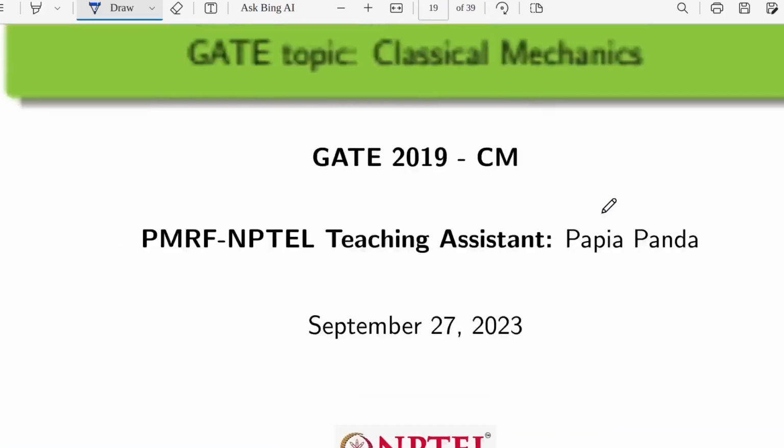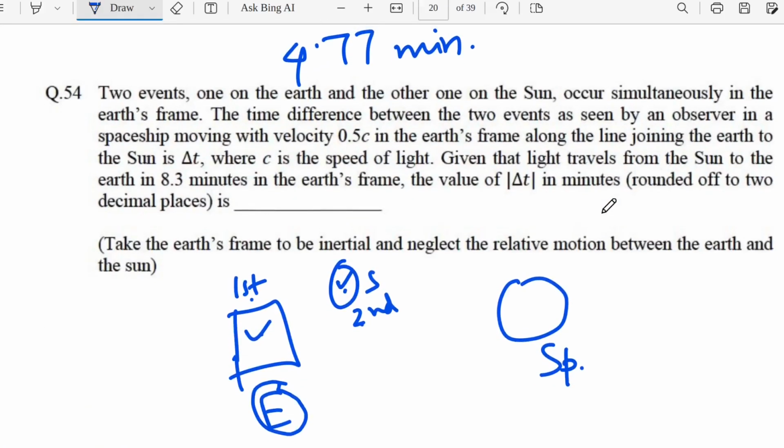Then the next question is this one: two events are there and we are seeing the two events from the earth surface, and they are simultaneous according to the earth surface, but according to a specific frame of reference, what will be the delta T value, that we have to tell, and the result is 4.77 minute.